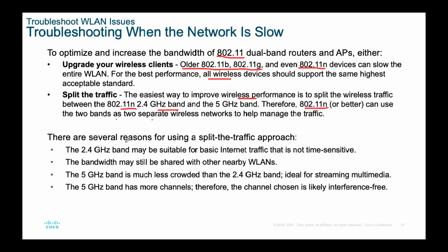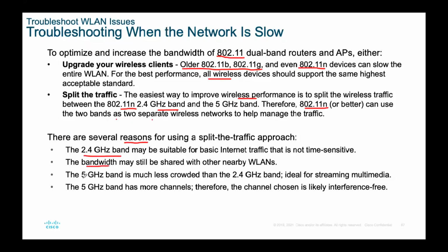There are several reasons for using a split-the-traffic approach. First, the 2.4 gigahertz band may be suitable for basic internet traffic that is not time sensitive, and the bandwidth may still be shared with other nearby wireless LANs.